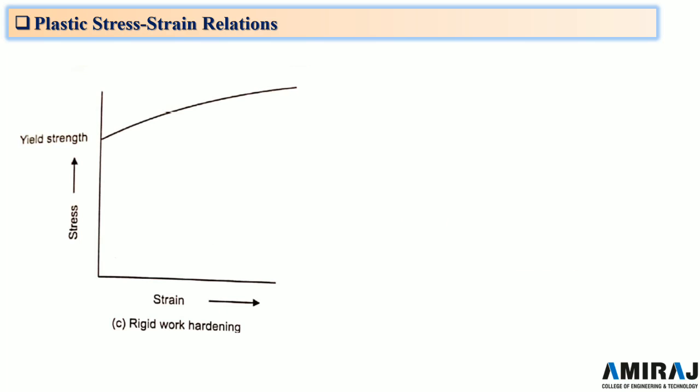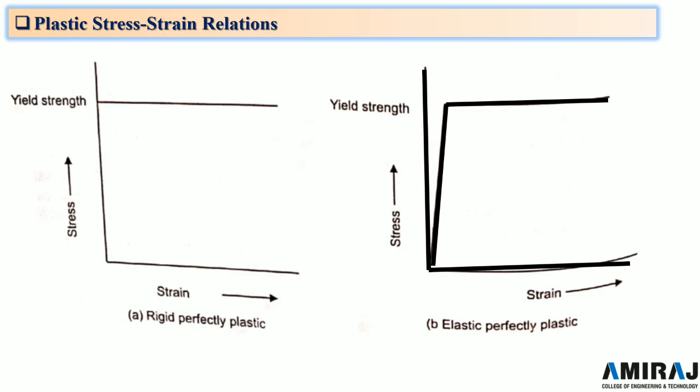The difference you can see is that the first one is rigid perfectly plastic, which means there is no work hardening and there is no elastic region, while in elastic perfectly plastic the elastic deformation is taken into account, but there is no work hardening.